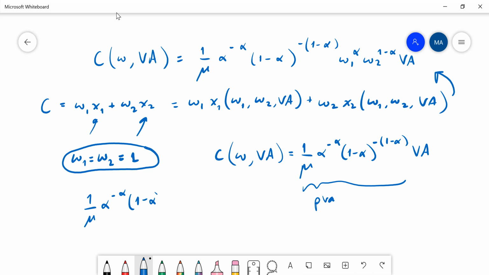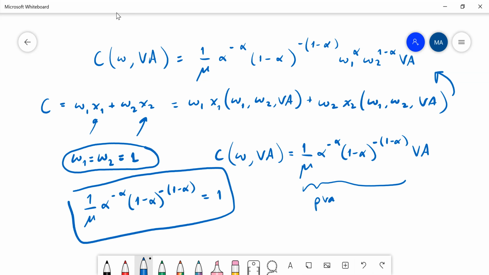Because in the production function, remember your production function, let me use a different color, value added is expressed in this way. So this is a free parameter, right?